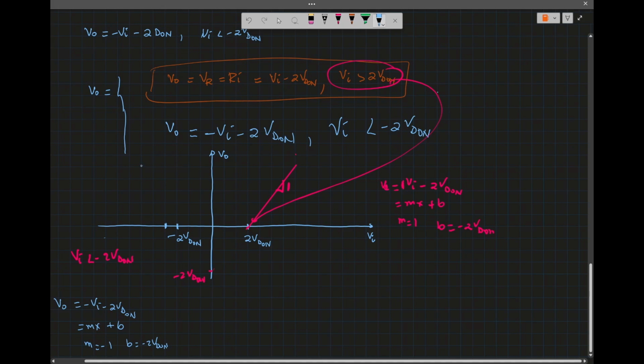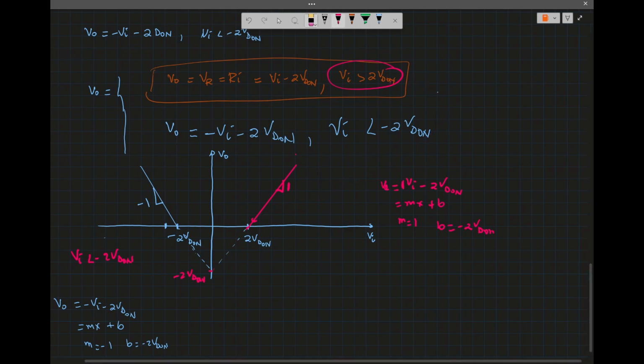Alright, so sketch line for slope -1. Let's say slope is -1, and then when you draw this line, the transfer characteristic is this. So that's the transfer characteristic.